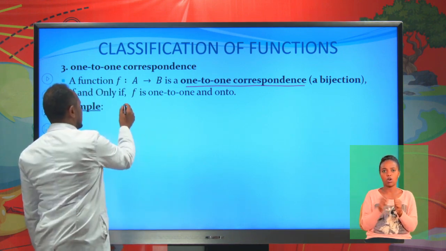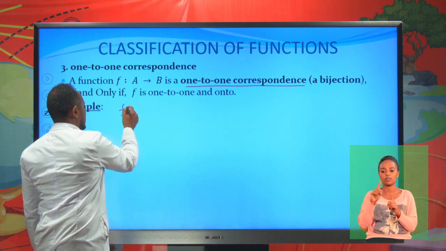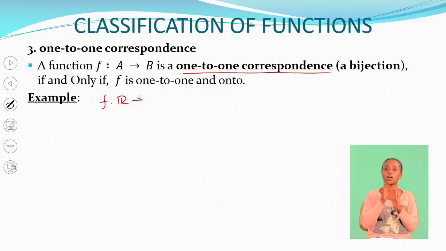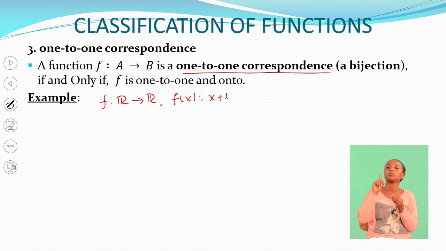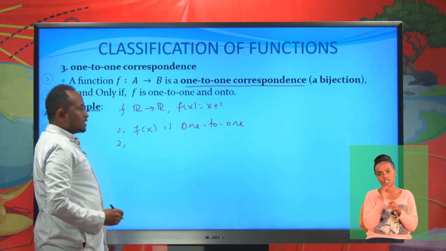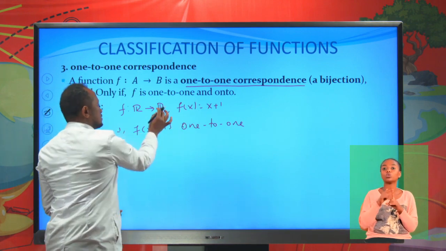If you take this one, let f be a function from real numbers to real numbers defined by f of x equals x plus 1. Since we have checked, f of x equals x plus 1 is one-to-one. So the other one, to check ontoness, the range must be the codomain.